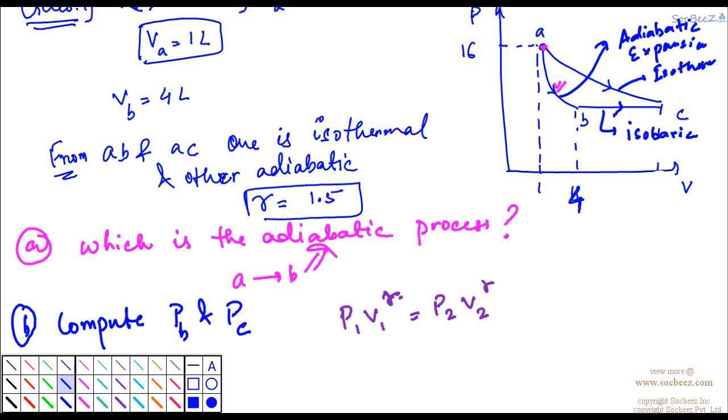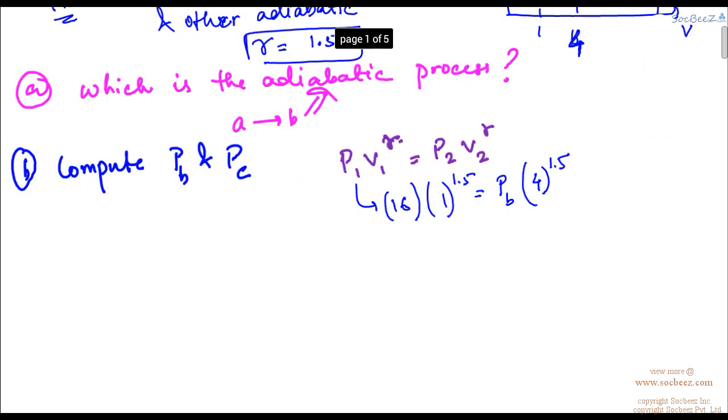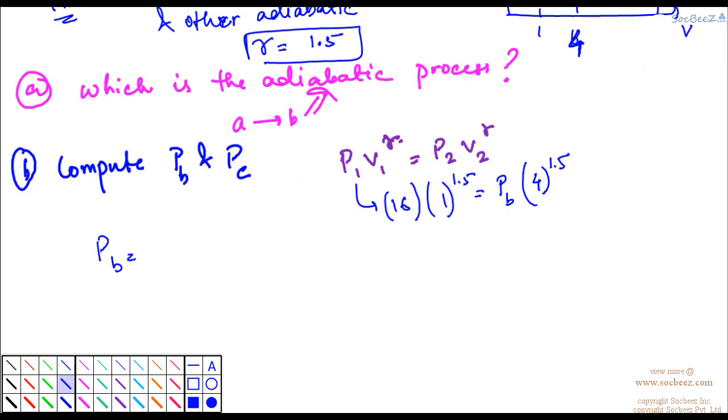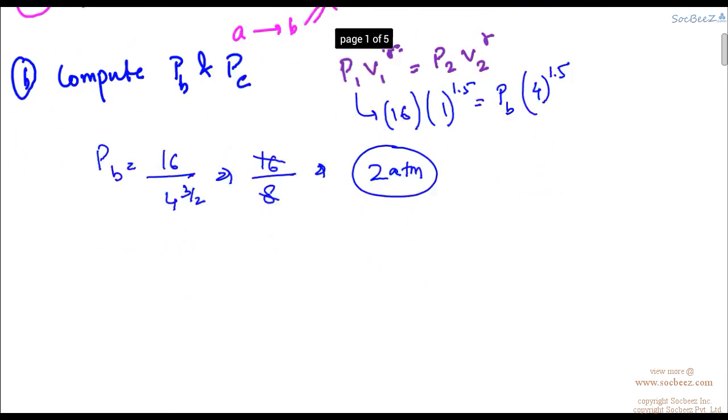We know that the initial pressure was 16 atm into volume 1 raised to power 1.5, equals pressure at B, which we have to find, and the volume is 4 over here. So pressure B is 16 upon 4 raised to power 3 by 2, which is 16 upon 8, that is 2 atm. So the pressure at B is 2 atm.